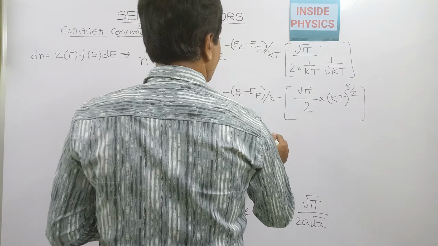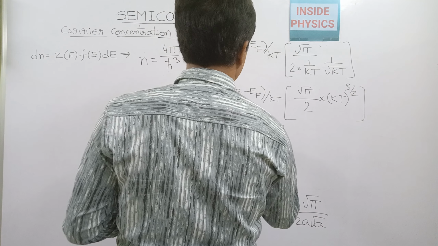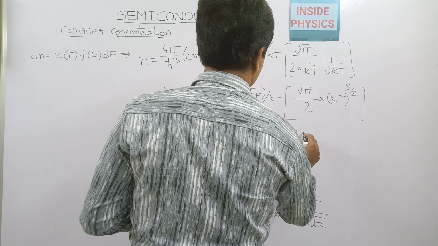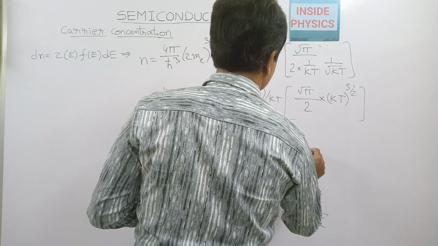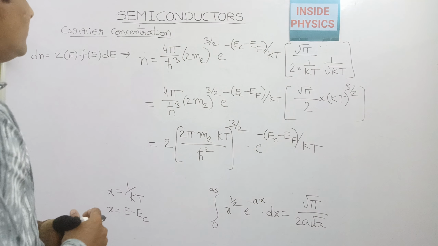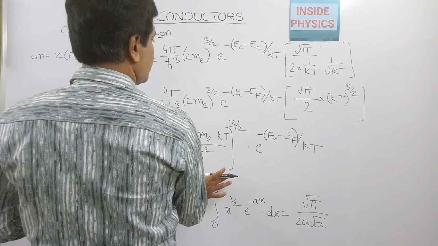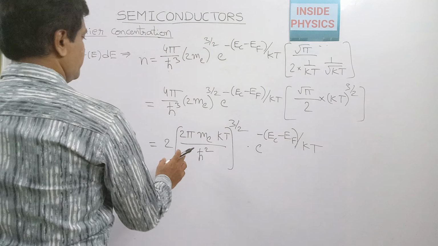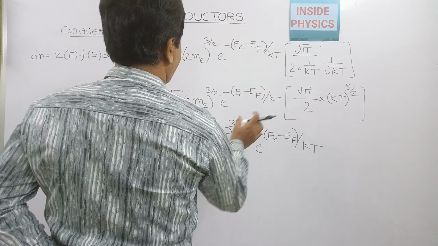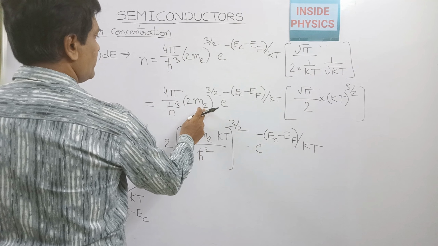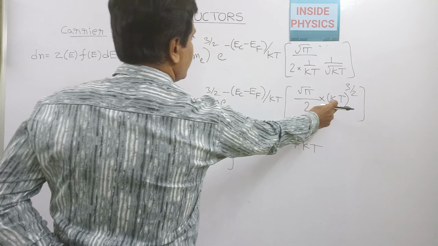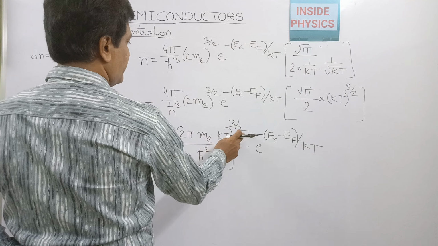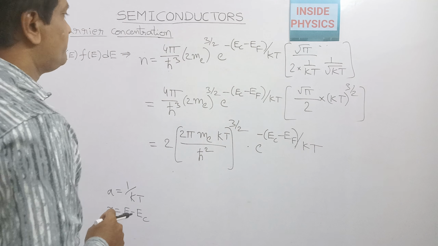So we'll check once again whether this has gone in a correct form. Pi into root pi has become pi to the power of 3 by 2, me to the power of 3 by 2. kT is already in the power of 3 by 2. So h bar, if you raise this to 3 by 2, it will become h bar cube.